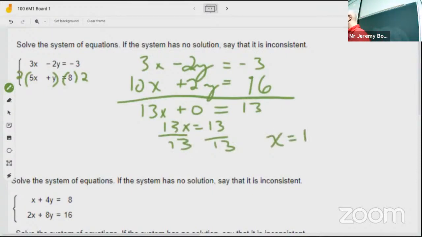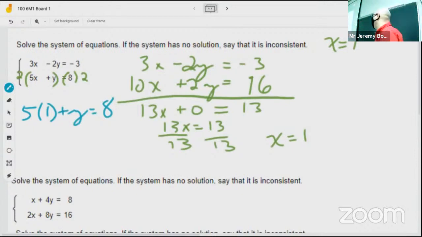And so once we get x is equal to 1, now we need to figure out what y is. So let's plug it into one of the equations. Let's use the bottom. So we'll have 5 times 1 plus y is equal to 8. I chose that one because there's no coefficient on the y, so I won't have to divide by anything. And this is just going to be 5 plus y is equal to 8.